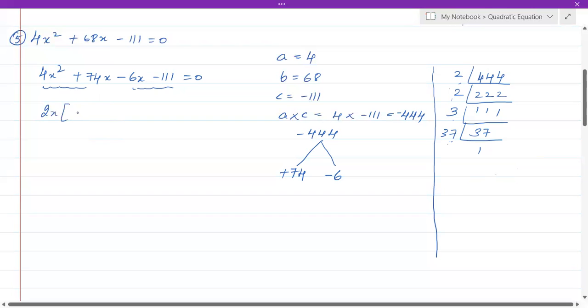2x is common. So if I take 2x as common, 2 into what gives me 4? 2 2s are 4. x into x gives me x square, plus 2 into what gives me 74? 2 into 37 gives me 74. x we have already taken common, so no problem. Next, between minus 6 and minus 111, which is the number that divides both? It is actually 3. How did I get to know it is 3?